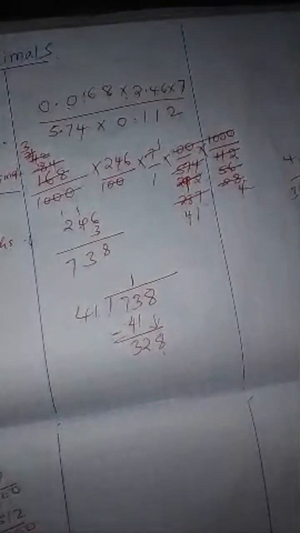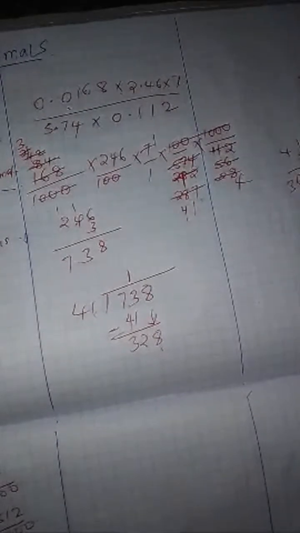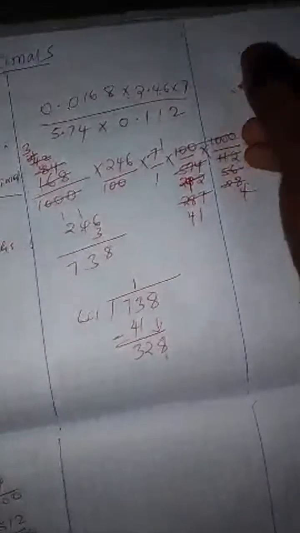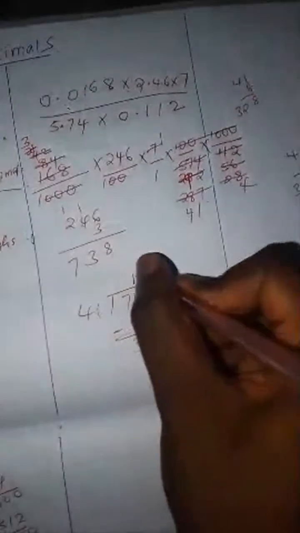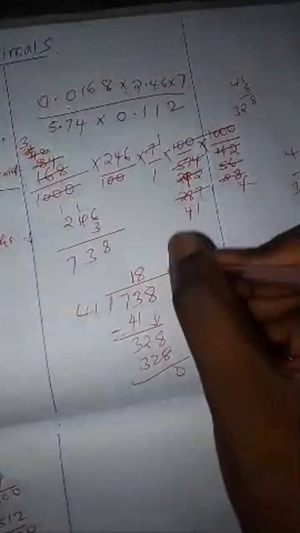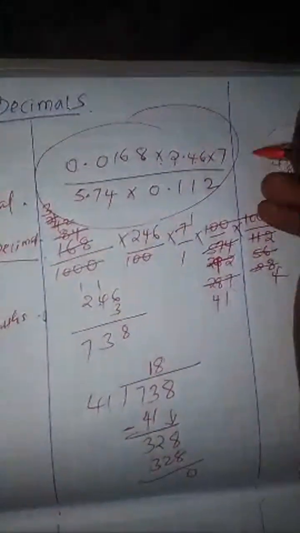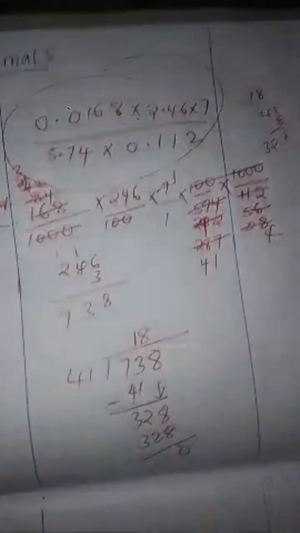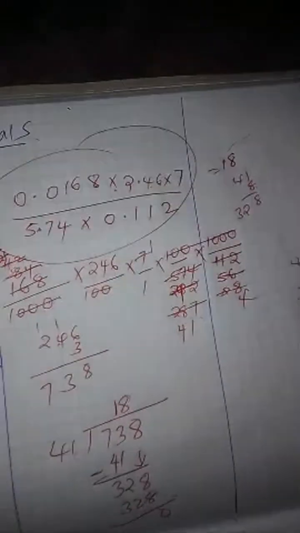No. 41 times 8 is 328. Yes, 8 times gives us 328. So the answer to the whole of this is 18. It is as simple as that. So that is how we work it out. Let's proceed.